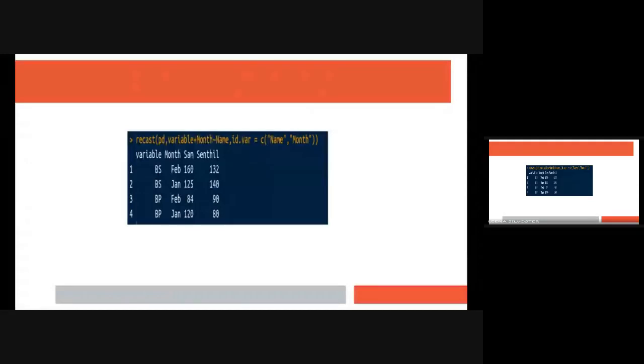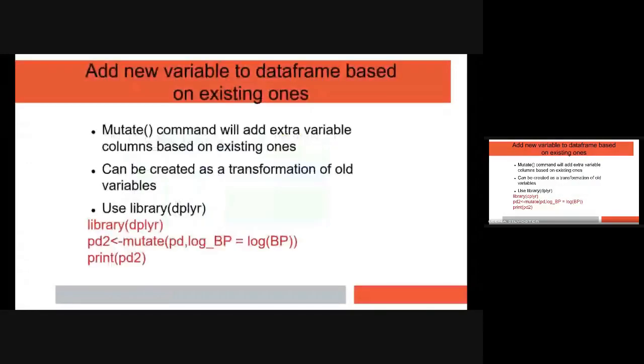How to add a new variable to a data frame based on an existing one? For that, you have a function, the command mutate. It will add an extra variable column based on an existing one. It can be created as a transformation of all the variables. Here we need another library, dplyr.